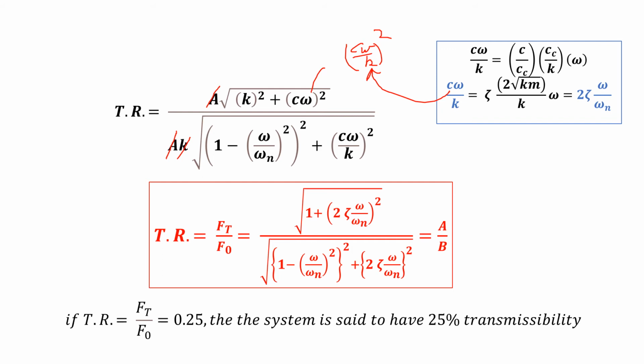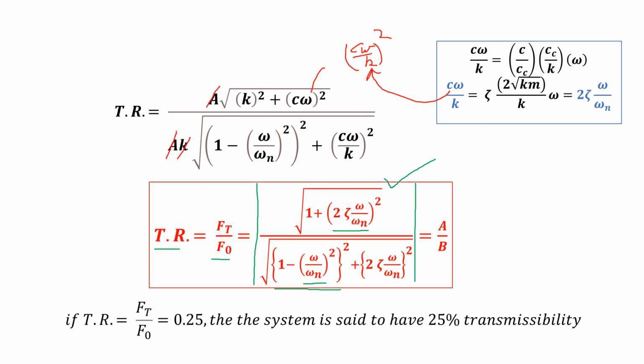The relation becomes like this, which is given as the transmissibility ratio Ft to F naught. The relation is like this: in the numerator, the square root of 1 plus (2 zeta omega by omega n) square, and in the denominator, (1 minus (omega by omega n) square) whole square, plus (2 zeta omega by omega n) whole square, where omega by omega n is the frequency ratio.